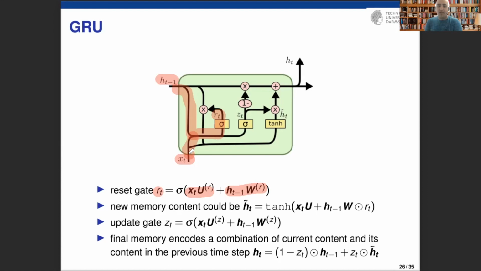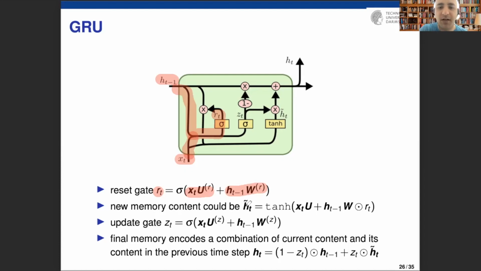Okay. By the way, we calculate the reset gate as we discussed. And based on the value of the reset gate, we can calculate what could be the output of the hidden state, right?